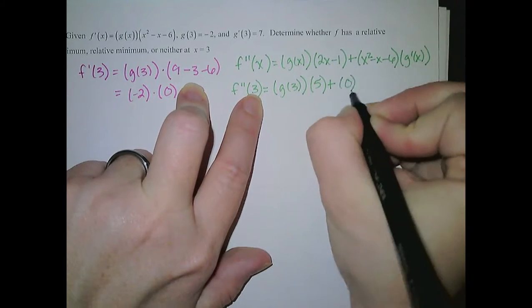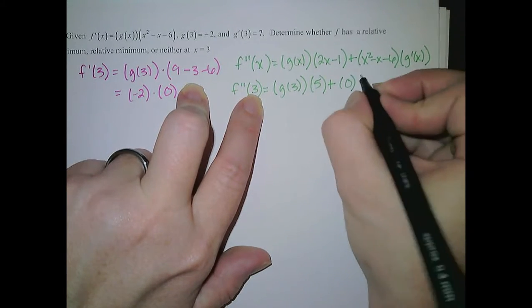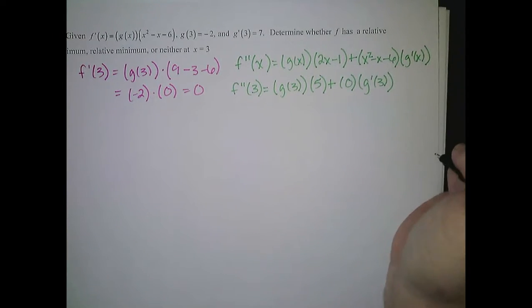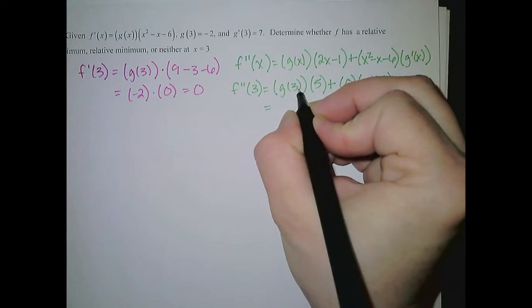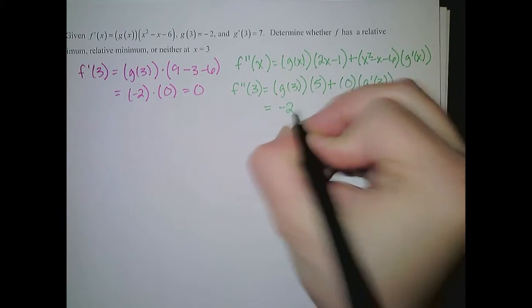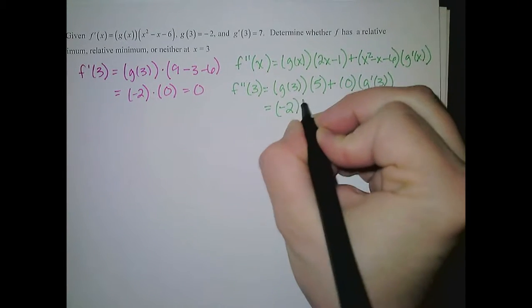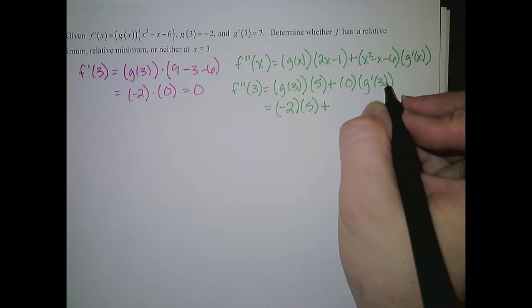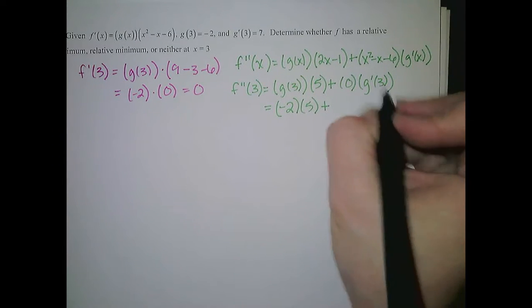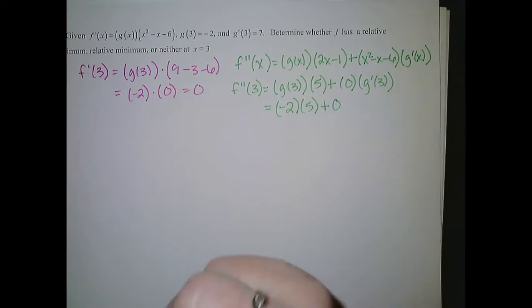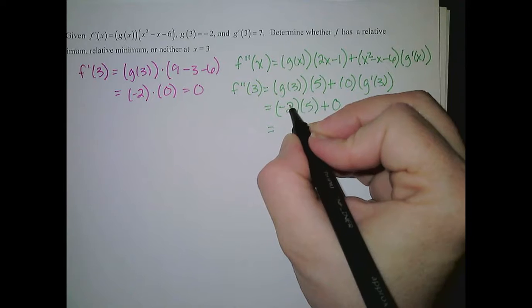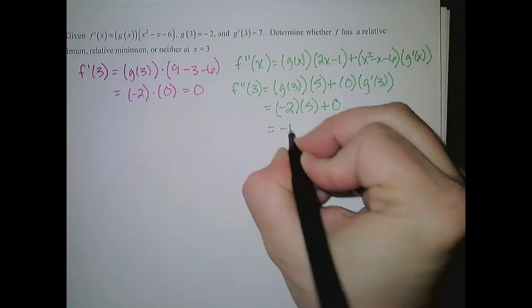If I plug in 3 for x, this is 0, times g prime of 3. Well, g of 3 is negative 2. So I have negative 2 times 5 plus 0 times g prime of 3. Well, g prime of 3 is 7, but that really doesn't matter because when we multiply it by 0, we get 0. So I have negative 2 times 5 plus 0 gives me negative 10.